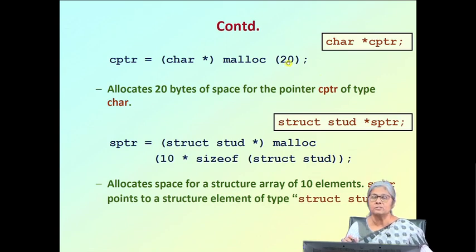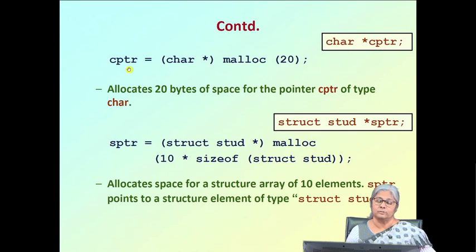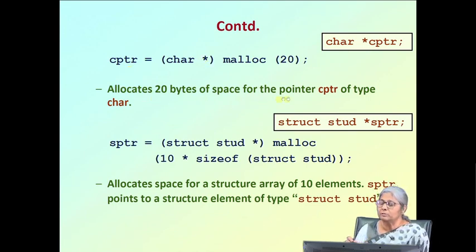So, instead of all those I can give some fixed value, say I want to allocate 20 bytes, and then the pointer it returns, we are typecasting because the pointer it returns is void. Now it is typecasted to character type, since my cptr pointer is already declared as character type. So, it allocates 20 bytes of space for the pointer cptr of type char.